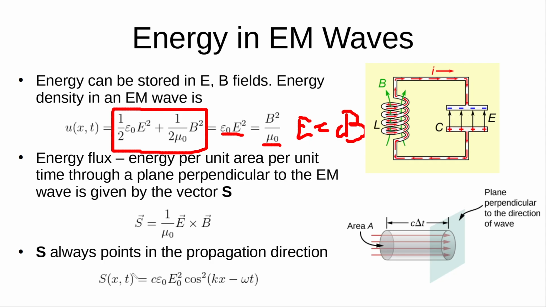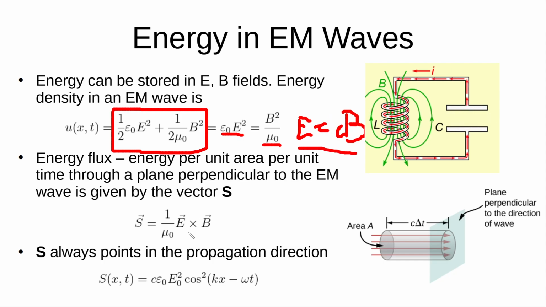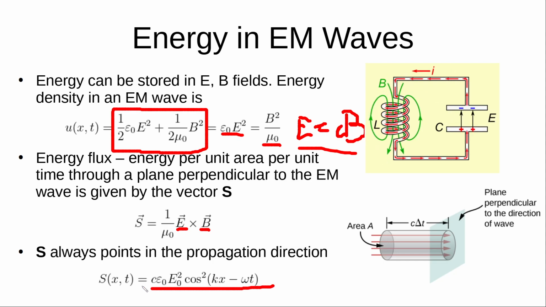We can also use some of the expressions that we had earlier for the electric and magnetic field and substitute this equivalence here, and substitute those sinusoidal expressions in for electric and magnetic field and get a space and time dependent expression for this S vector, the Poynting vector. So this gives us the time and space dependence of the energy flux in our electromagnetic wave.